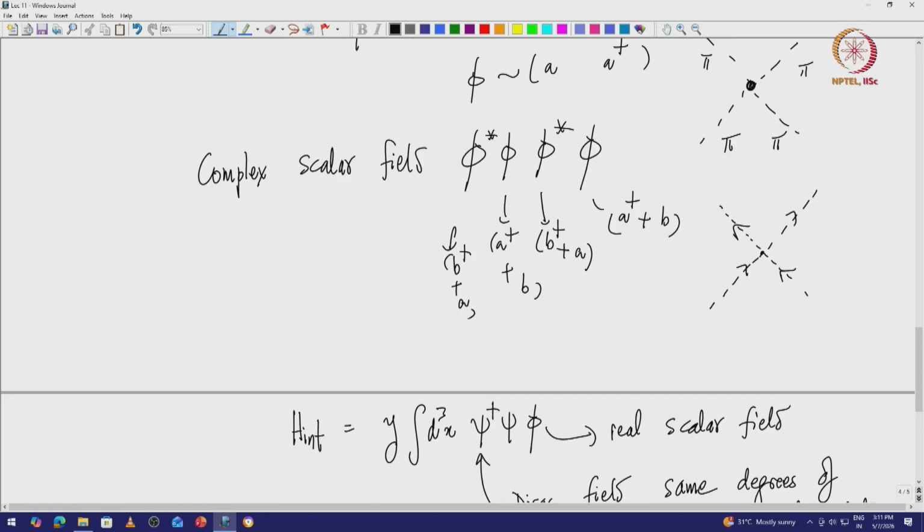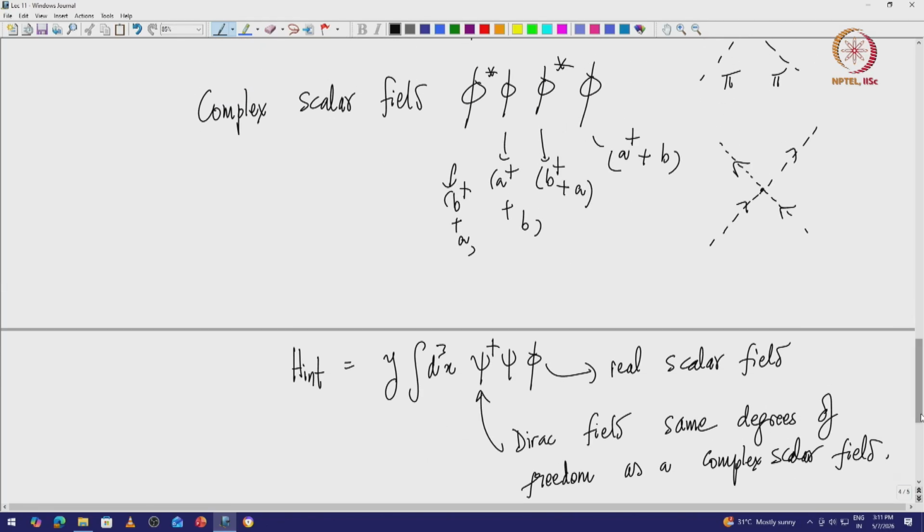Maybe I will write it down neatly, so that the notation is the same for everything.